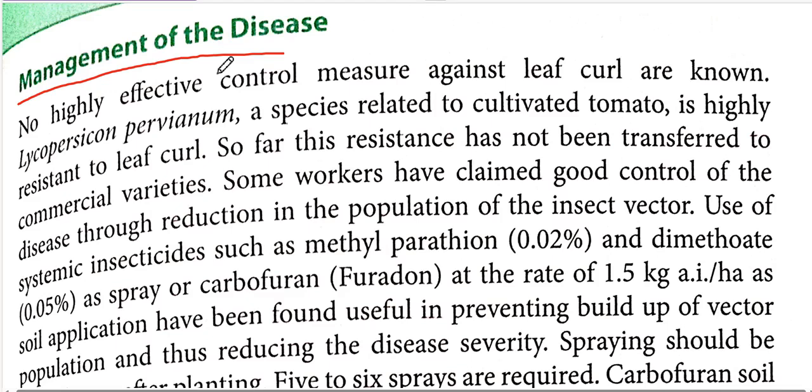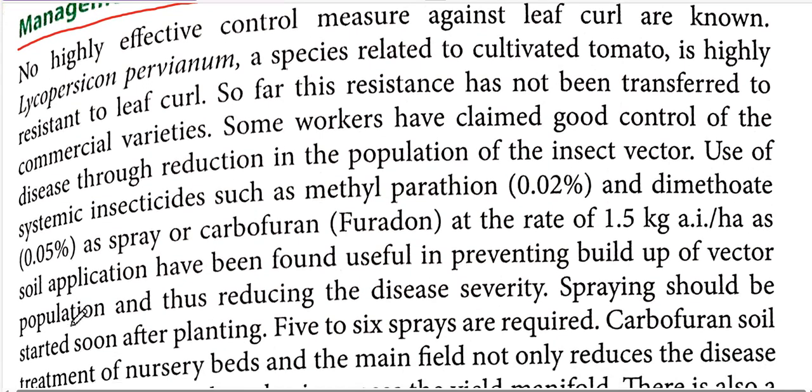Use of systemic insecticides such as methyl parathion 0.02% and dimethoate 0.05% as a spray, or carbofuran (Furadan) at the rate of 1.5 kg per hectare as soil application, have been found useful in preventing build up of vector population and thus reducing the disease severity.